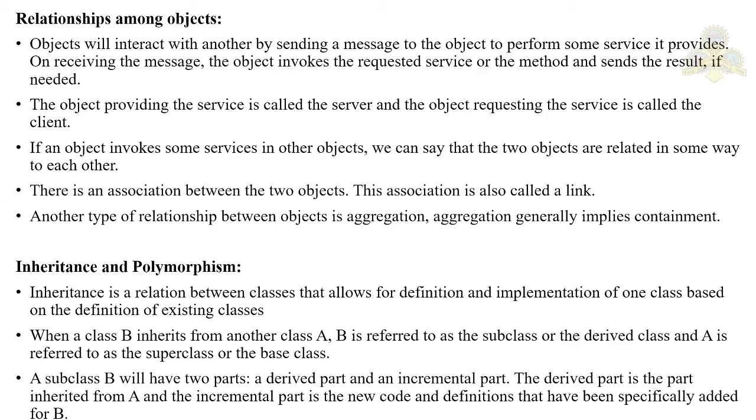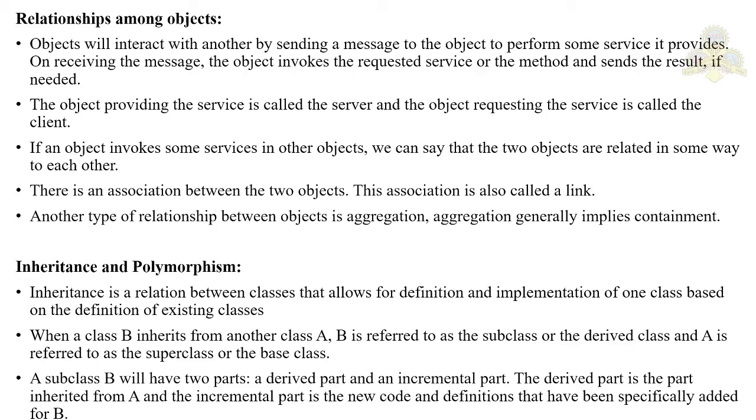This relationship is needed to perform the operation in an application or in a system. Whenever an object receives a message, it invokes the requested service or method, and if needed it sends the result back to the object which requested that particular message.